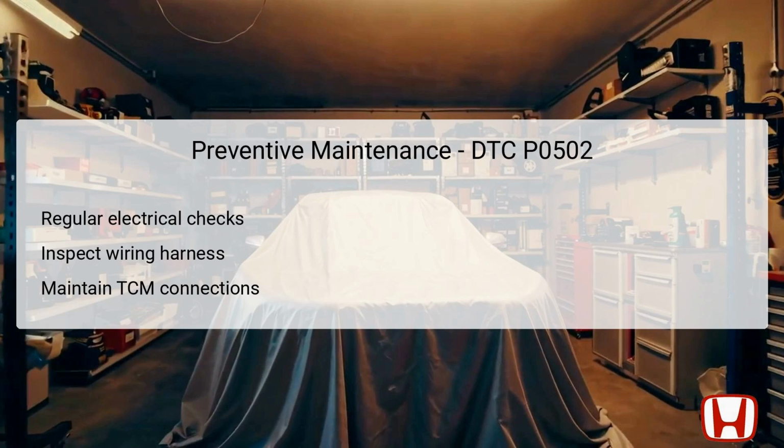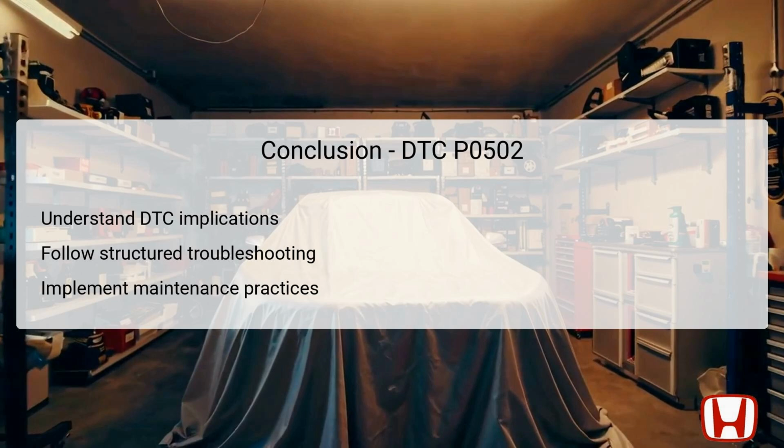DTCs arising. In conclusion, DTC P0502 indicates a critical electrical issue related to the CVT speed sensor circuit that requires immediate attention. Understanding the implications of this error is key to ensuring both safety and performance in Honda Accord models from 2017 to 2023.